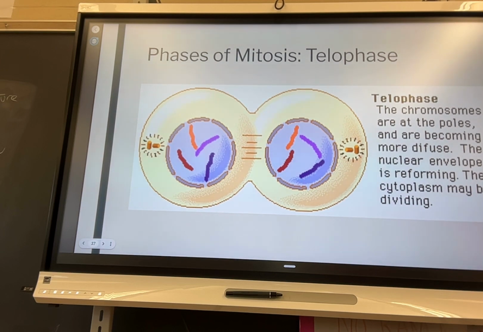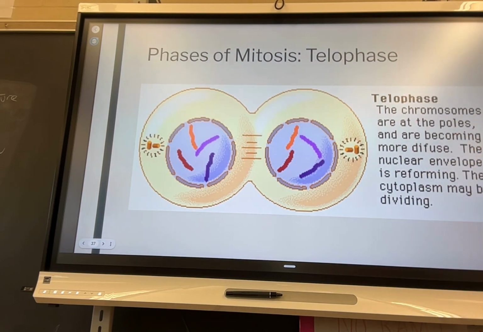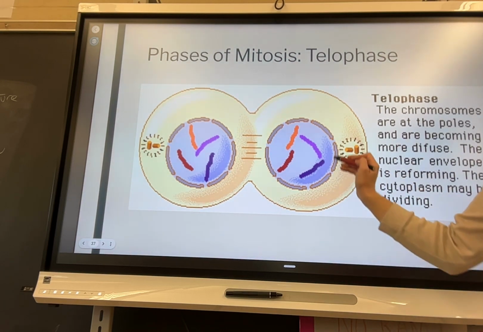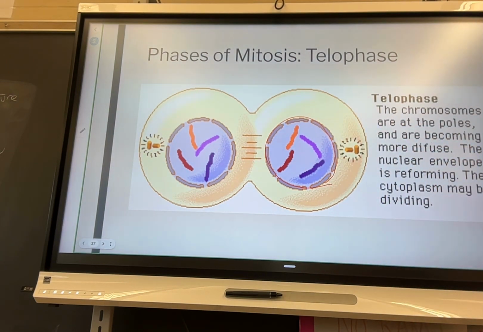They're going to become more diffuse. Now that they're separated, they're not hunting for their sister chromatid. They're off on their own. We're going to start to reform our nuclear membrane.